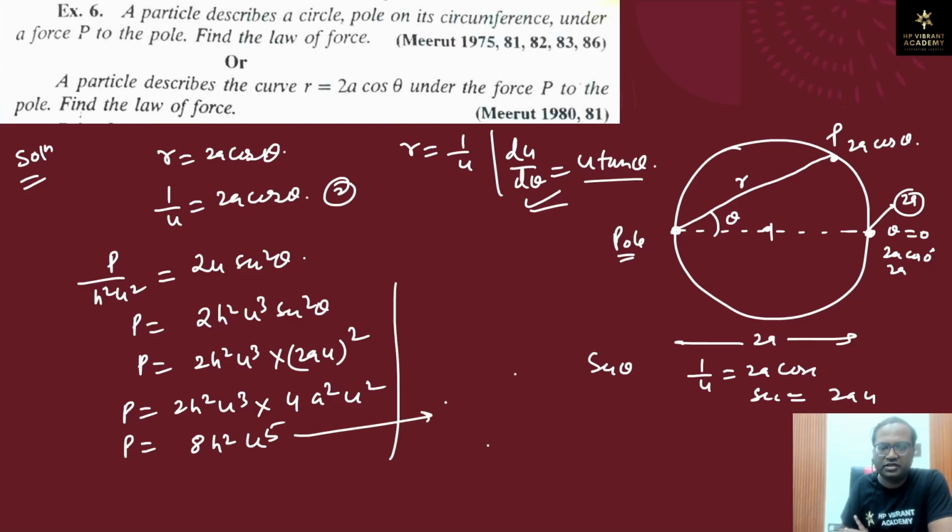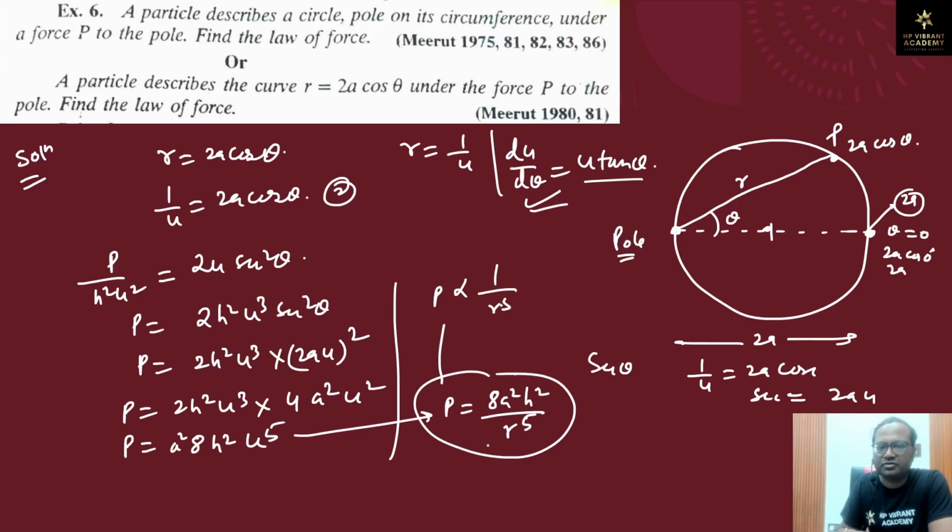So from here, let us put u is equal to 1 upon r. So we have P is equal to 8a square h square upon r to the power of 5. So the law of force will be P is inversely proportional to r to the power 5.